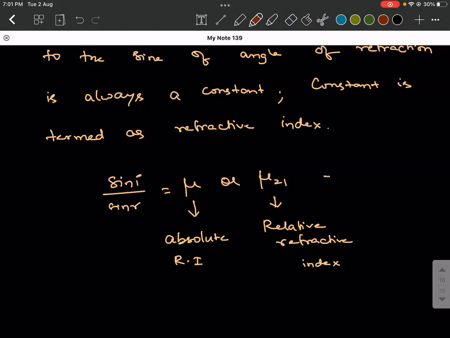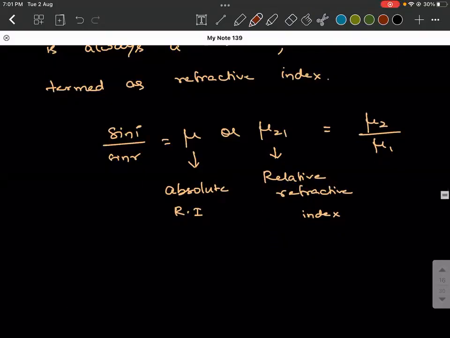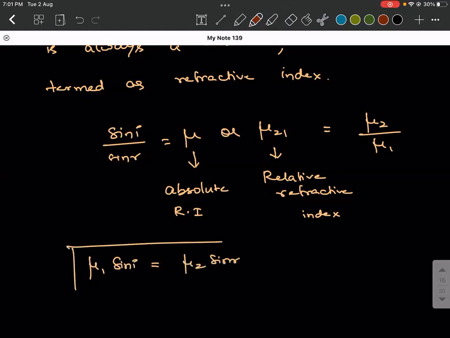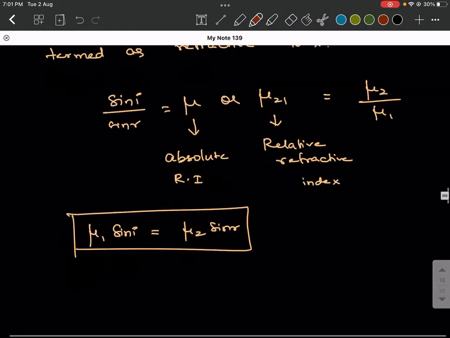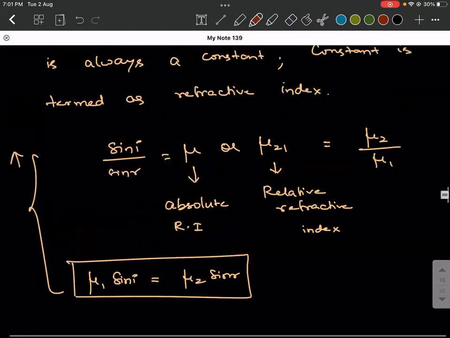Where mu21 can also be written as mu2 divided by mu1, or I can say that mu1 sin i will be equal to mu2 sin r. So if you observe this, we are writing a mathematical expression between the refractive indices and the sine of the angle of incidence and sine of angle of refraction, where this equation is called, any idea what is the name of this equation?